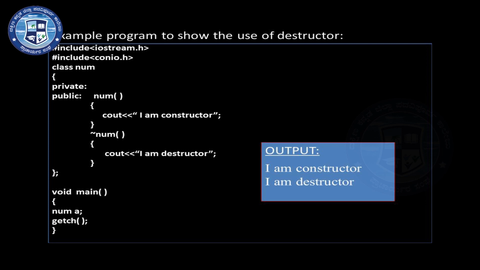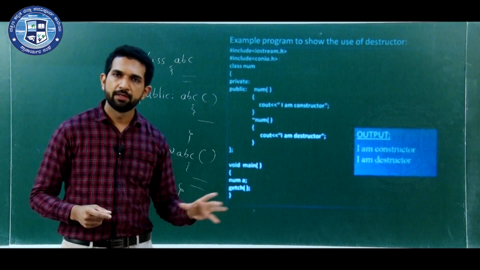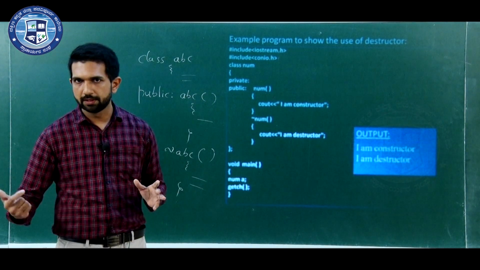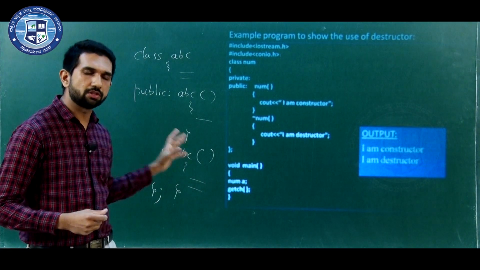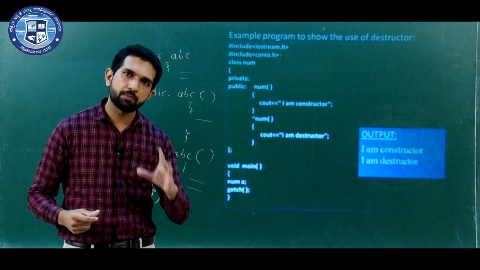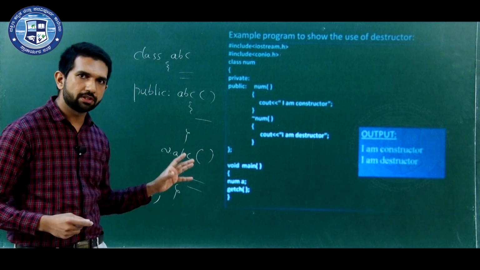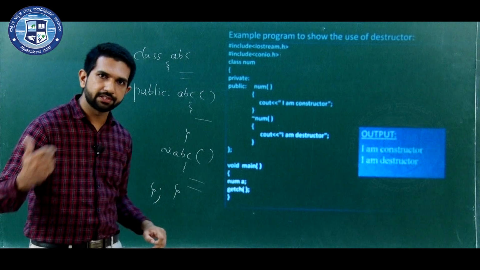So see students, this is actually our third session related to the constructor destructor chapter. In this session, we have discussed what a copy constructor is, its syntax, its examples, as well as some invoking methods of the copy constructor, that is very important. In the examination they can ask what is a copy constructor, its syntax and example.